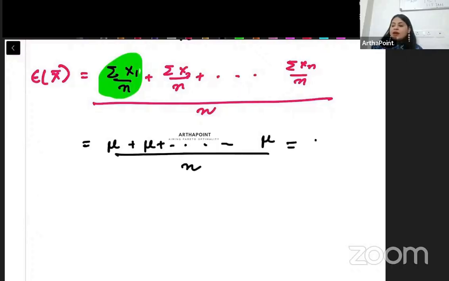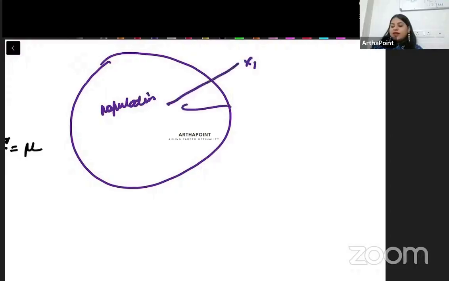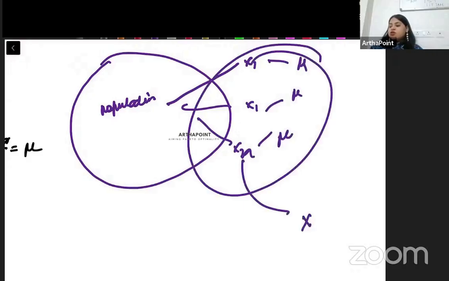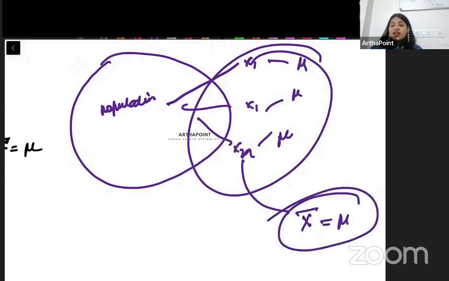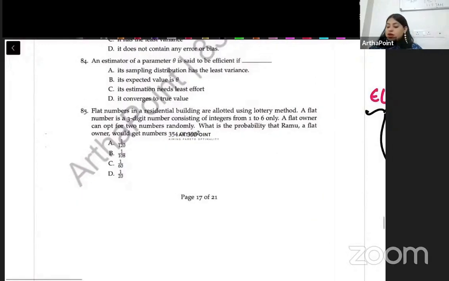So mu will be added n times in the numerator, and the mean of x bar will be mu. I have done this in your stats class. If I have a population and I pick different elements, each of them having a mean of mu, then their mean will also have a mean of mu. Try to think, what did you read, what is the law of large numbers, what is the central limit theorem. You have to remember everything. We have done this.